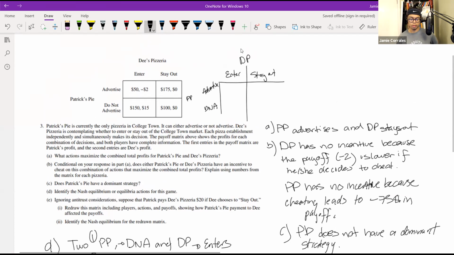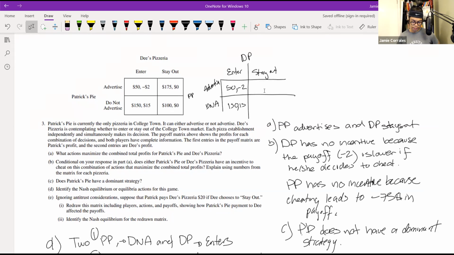Okay. So if these values don't change, hold on, but the values when DP stays out change. So what's going to end up happening is if DP decides to stay out, suppose that Patrick Pie pays $20.